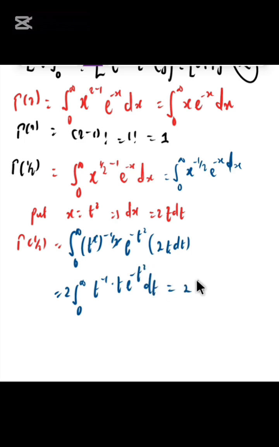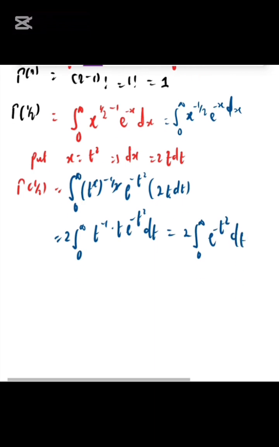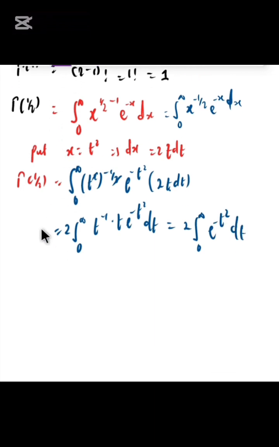Then you have 2 multiplied by integral from 0 to infinity of e raised to the power of negative t squared dt. Let me recall this for you guys. If we have integral from negative a to a of f of x dx, this is equal to 2 multiplied by integral from 0 to a of f of x dx.